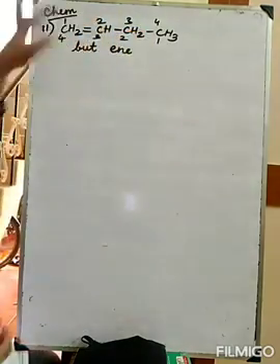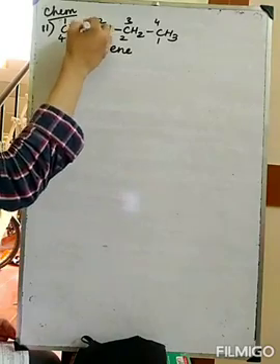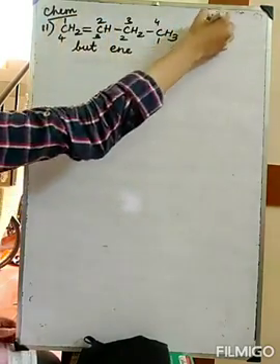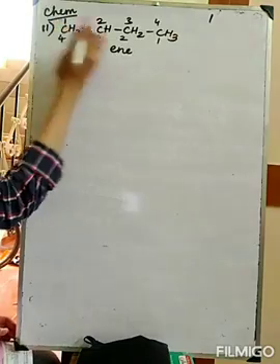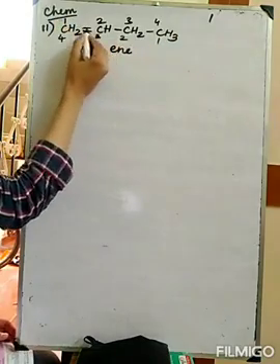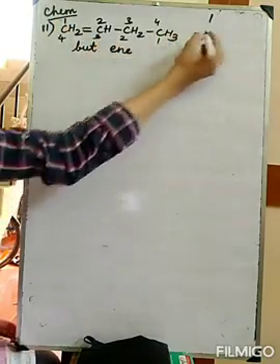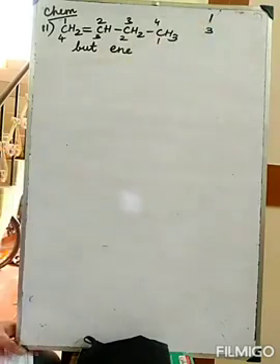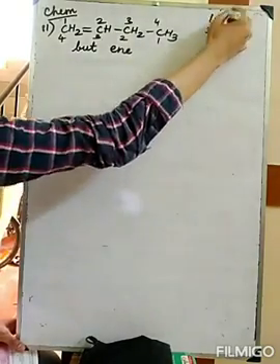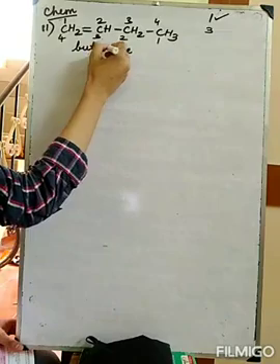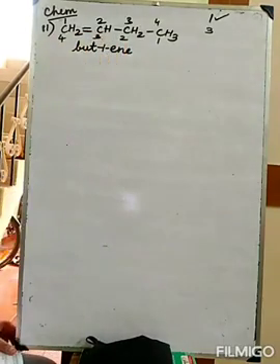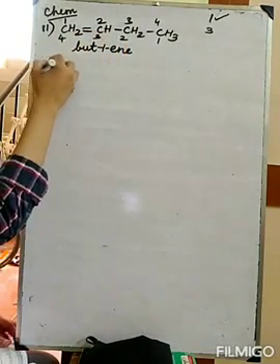If you number from this side, the double bond is attached to the first carbon. If you number from this side, it is attached to the third carbon. So always we should take the least number. So the name is but-1-ene. Okay. Next one.